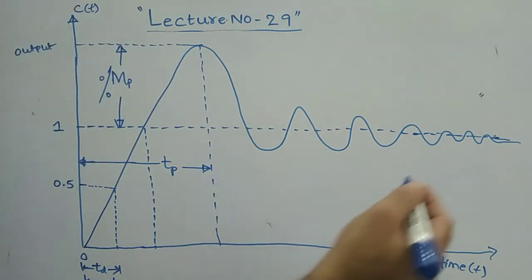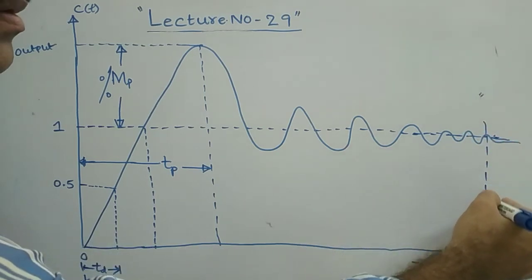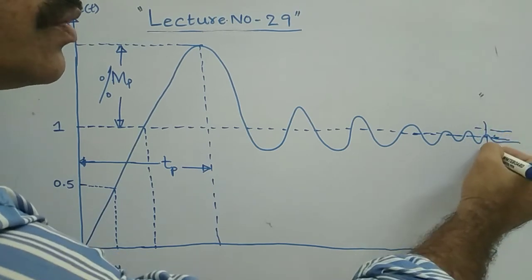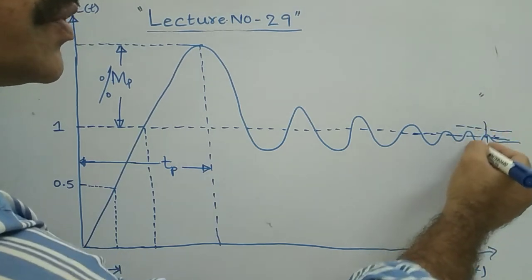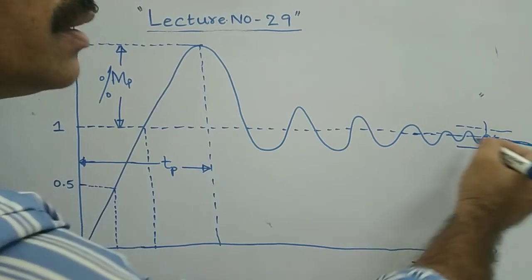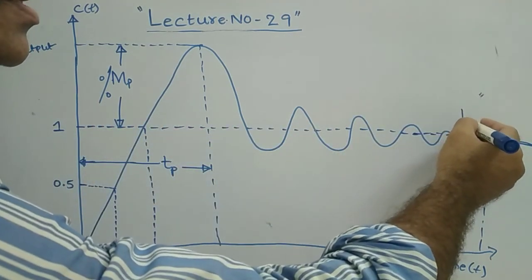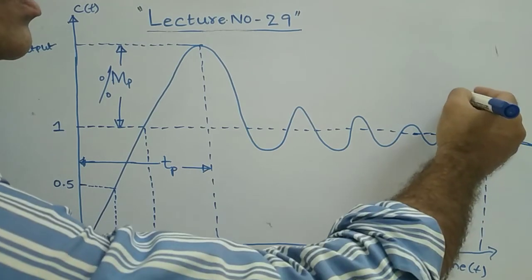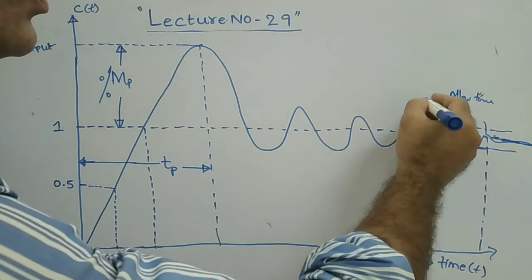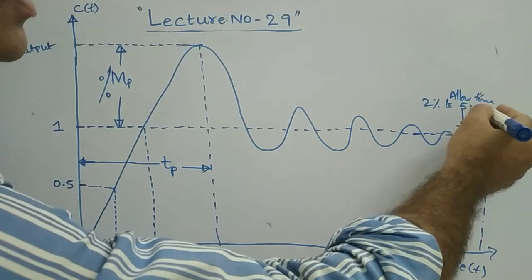And then somewhere here your output will be settled basically, it settles and becomes constant, it merges with line 1. Then this is called the tolerance, the allowable tolerance, that is a 2% to 5% tolerance band.